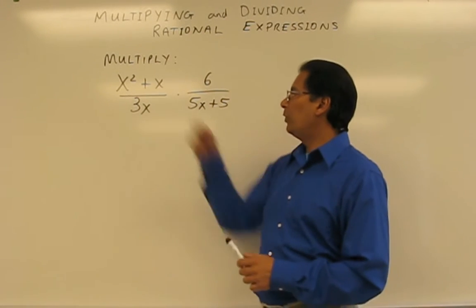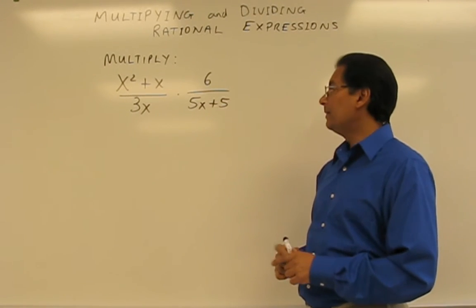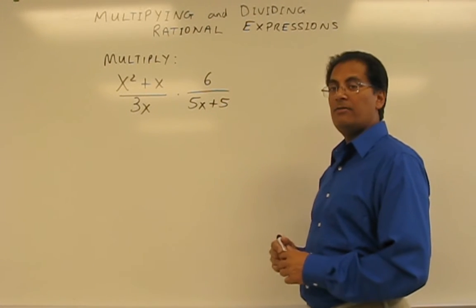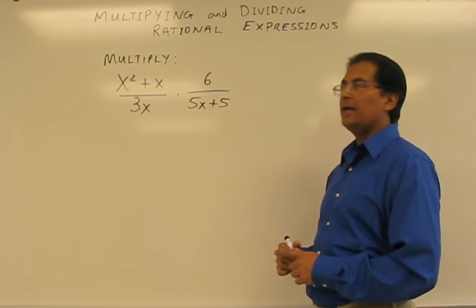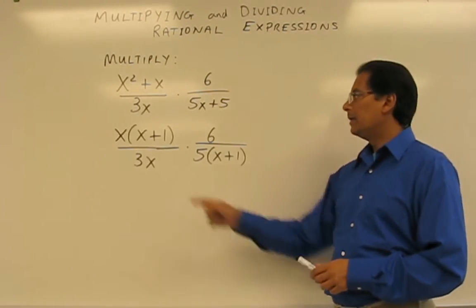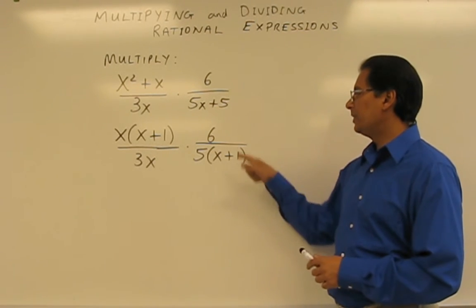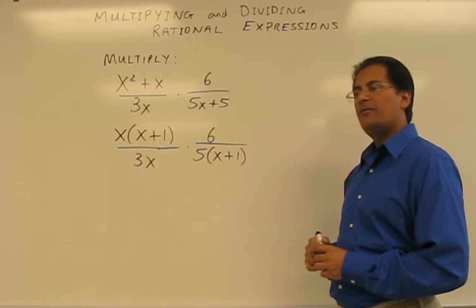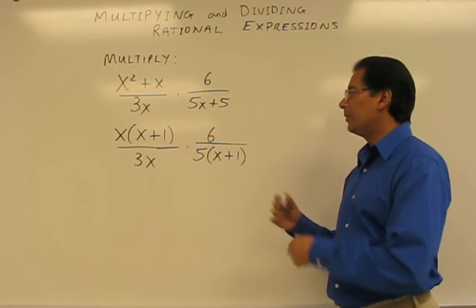For example, x squared plus x, we can factor an x out of there, and on the bottom, 5x plus 5, I can factor 5 out of this expression. So if we do that, we get x times x plus 1 divided by 3x, and 6 divided by 5 times x plus 1.